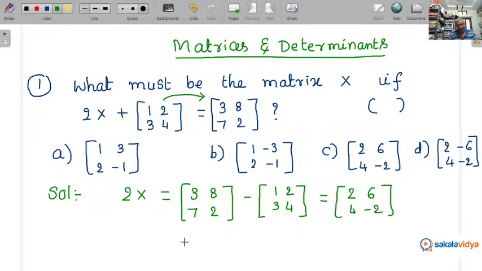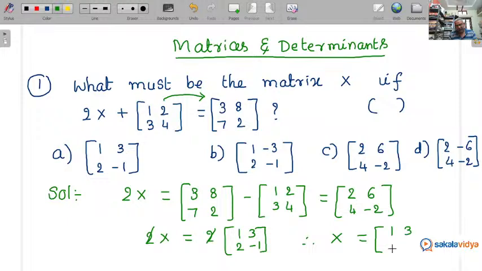Now take 2 common from each element of the matrix: 2 times [1 3; 2 -1]. The 2s get cancelled, therefore X equals [1 3; 2 -1]. This is the required matrix. So, A is the right option.